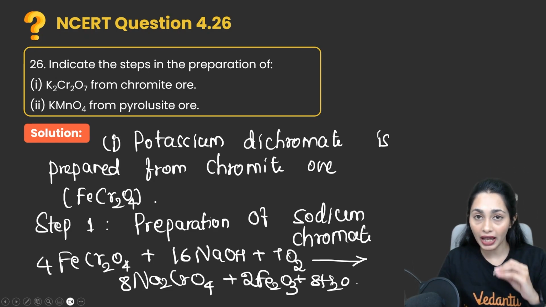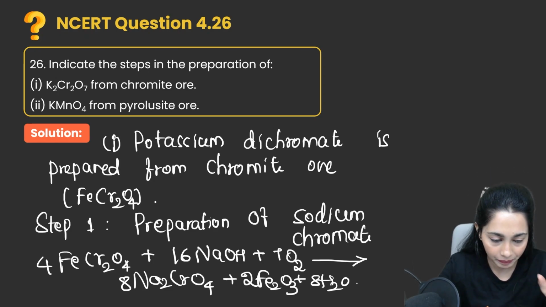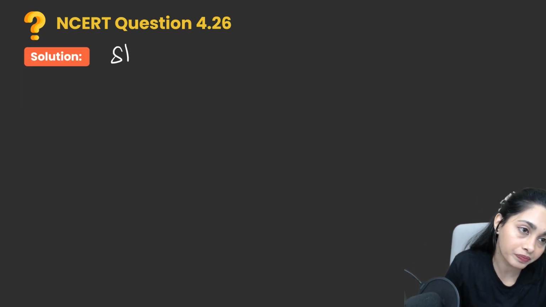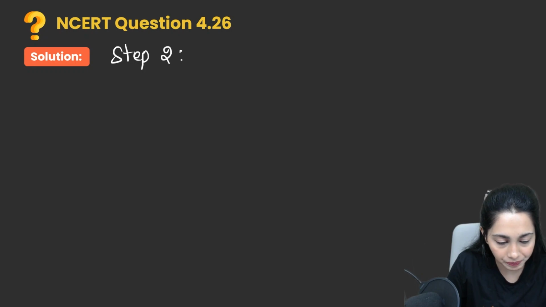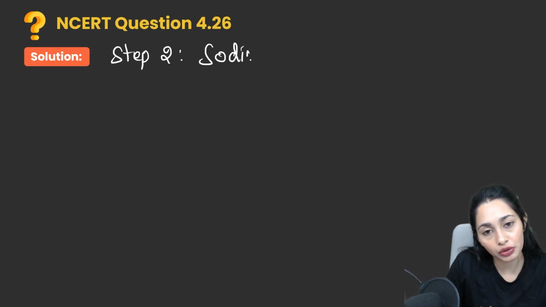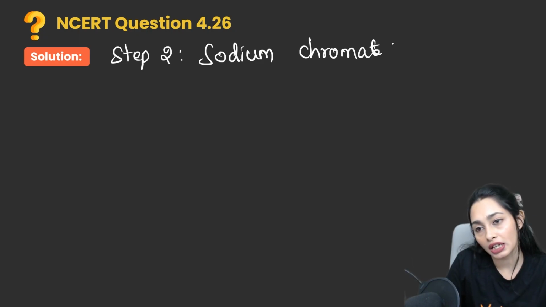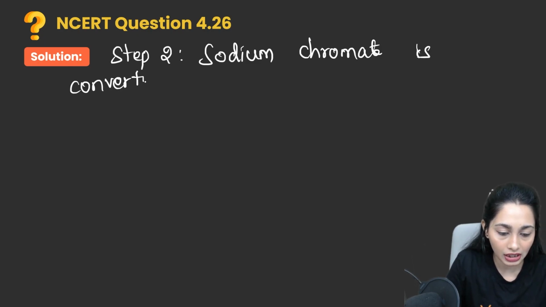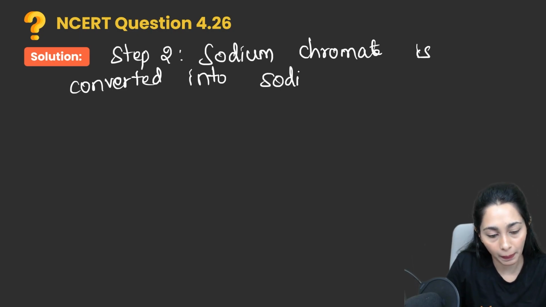Okay, so now we have gotten sodium chromate. Now what is the second step? Step 2. What do we need to do? So sodium chromate is converted into sodium dichromate.